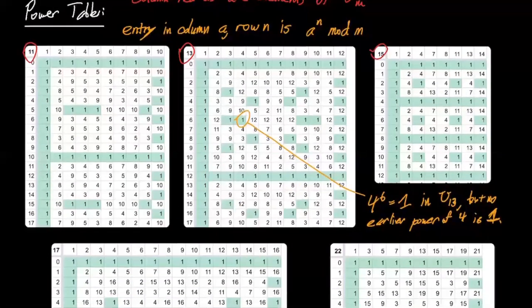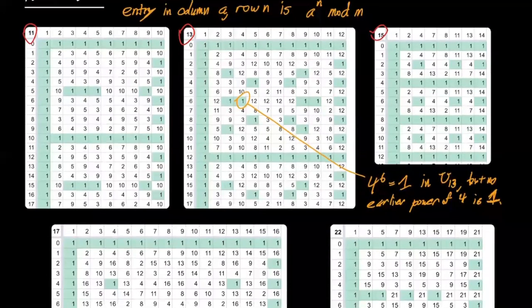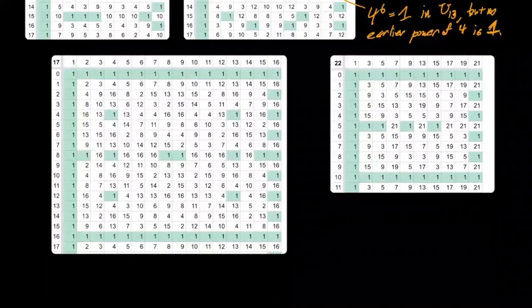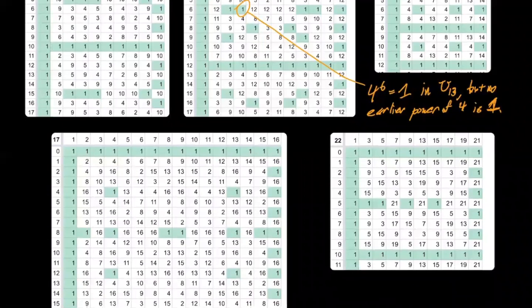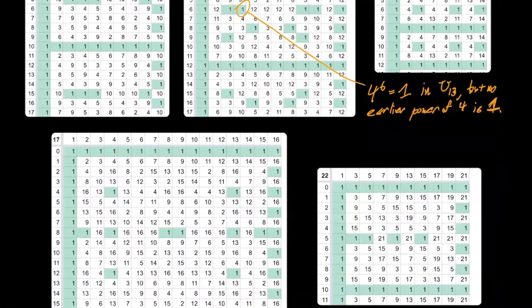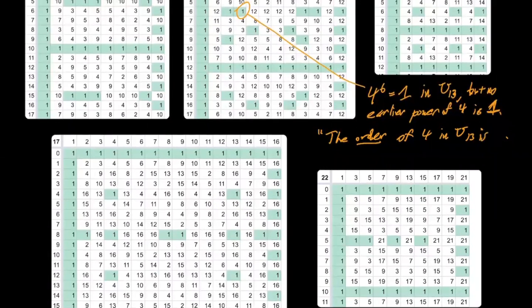So let me write down a definition here. Let me move this down a little bit to give us some more room. We'll say the order of 4 in U13 is 6. And we'll want a notation for that.